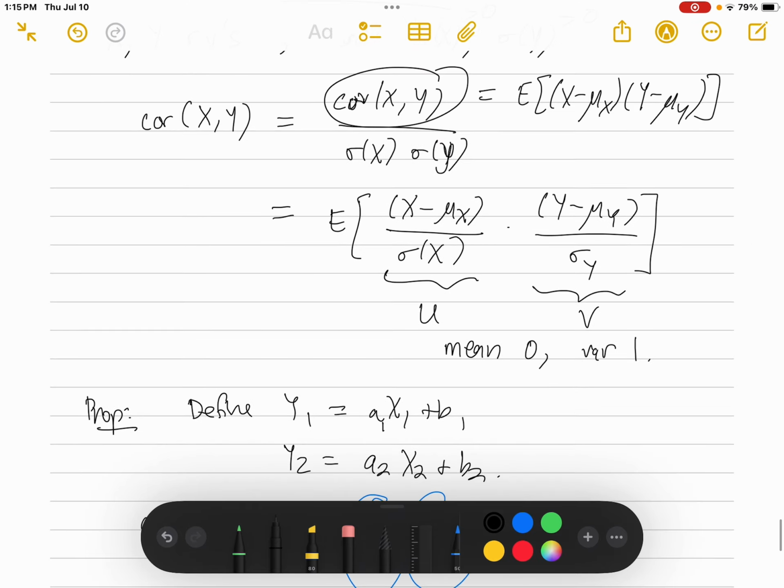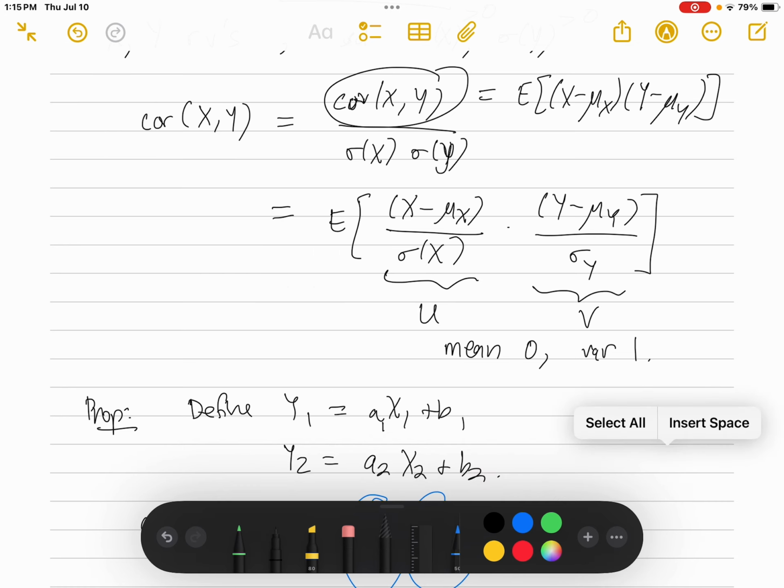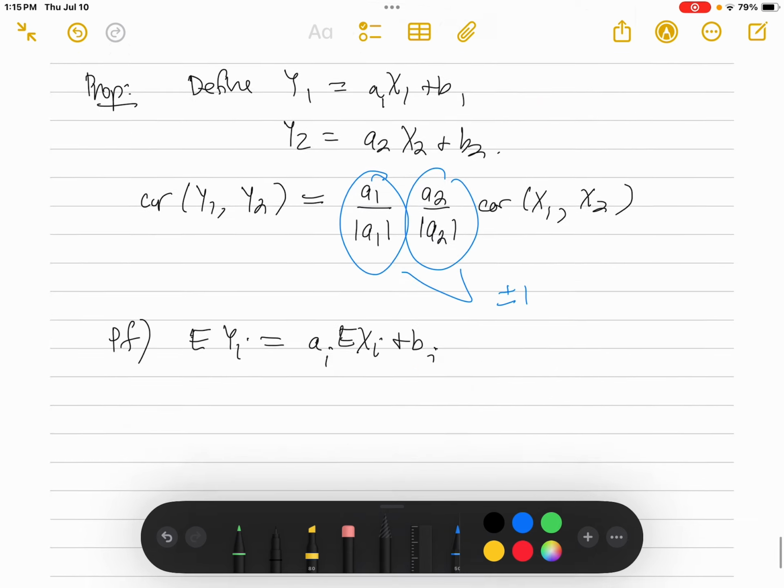What we need to find is this. We need to find what that is.